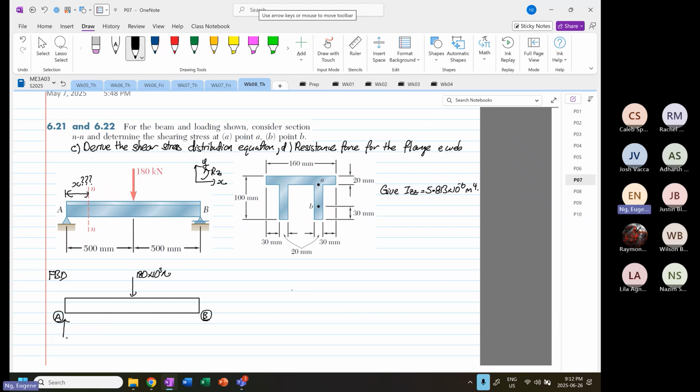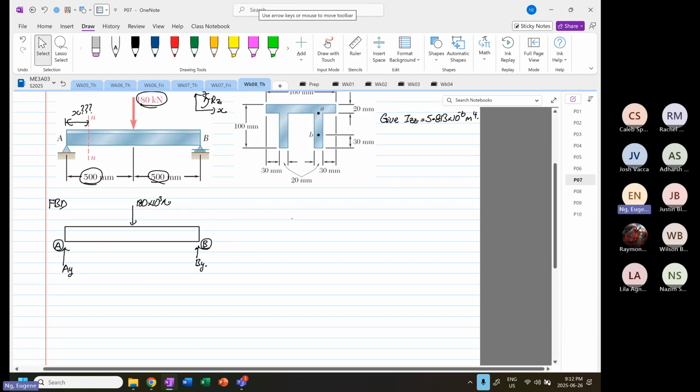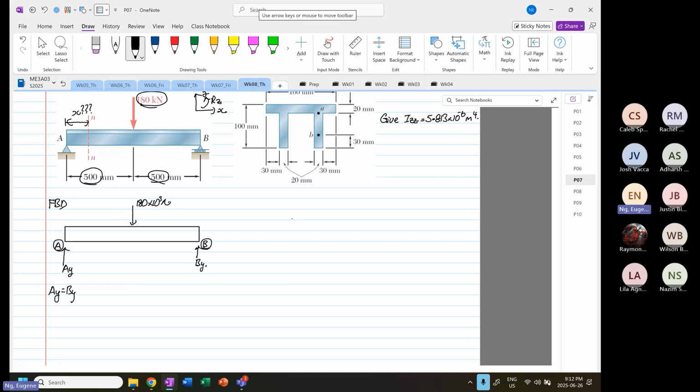Over here you have your AY, and we have BY. Because the distance is the same on both sides and there's only one load, we can conclude that AY is equal to BY.